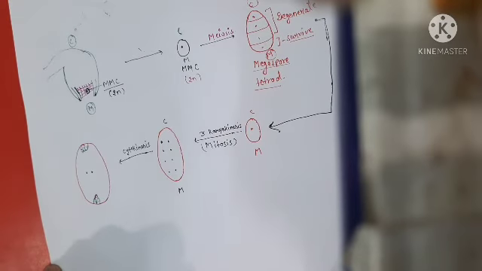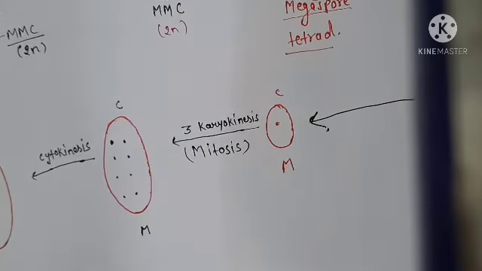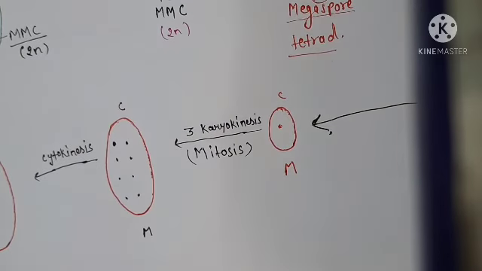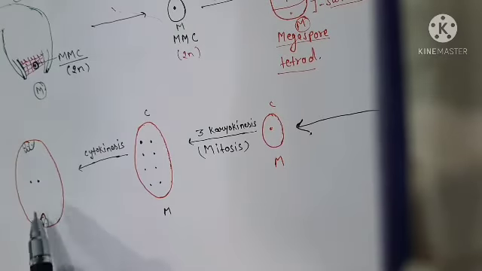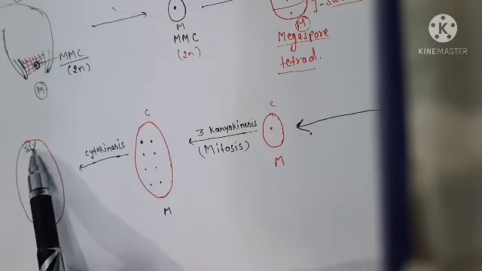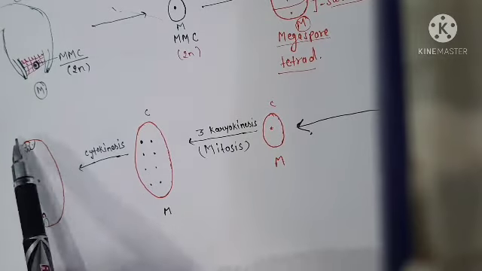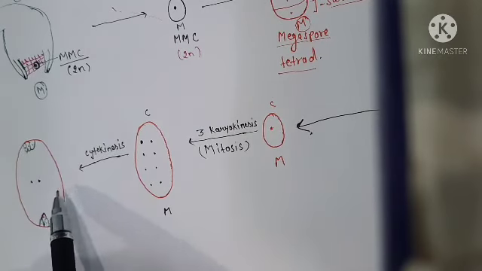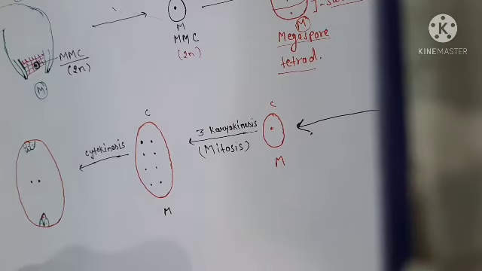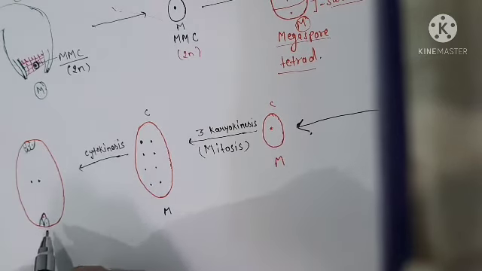In this structure, you will see there are 3 cells on the upper side, 3 cells on the lower side, and 1 larger cell here. So there are 7 cells. Friends, first we locate the parts so you understand more clearly.